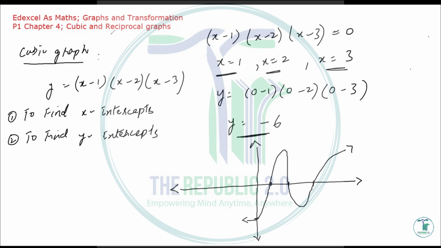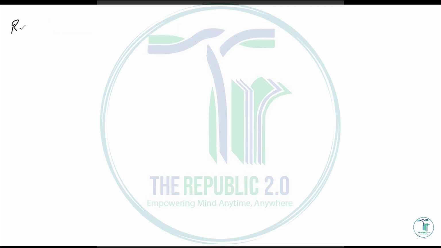Now, the second type of graph is known as a reciprocal graph. Reciprocal graphs are graphs of functions in which the denominator has some sort of variable, right?